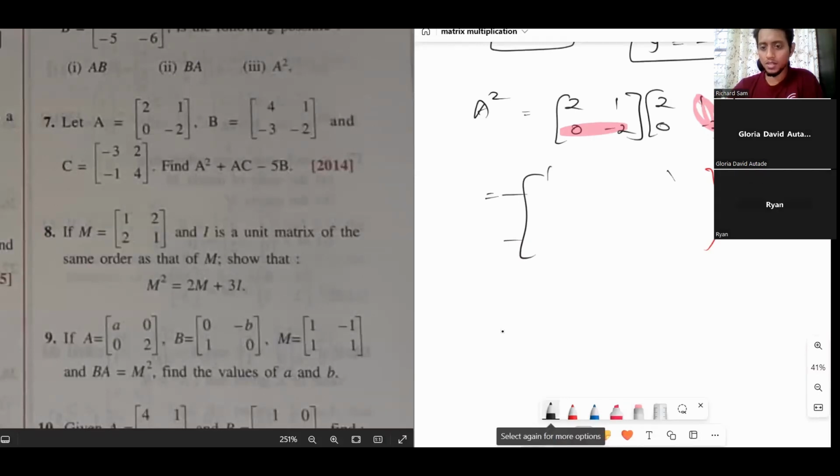So to get this first value, we have to do first row into first column. That means 2 into 2, that's 4, plus 1 into 0. That is 4 plus 0. Find AC and then 5B.